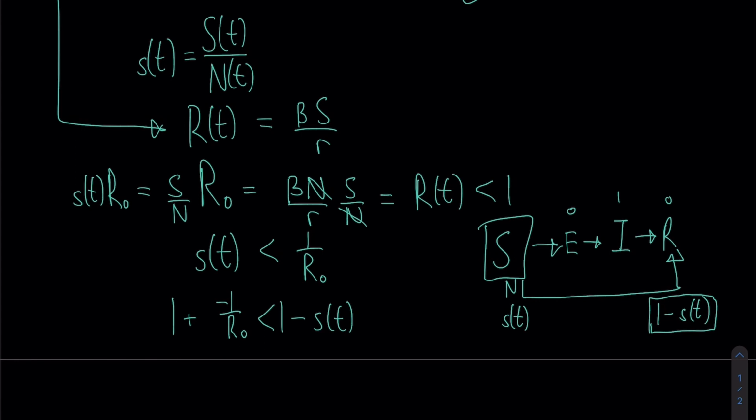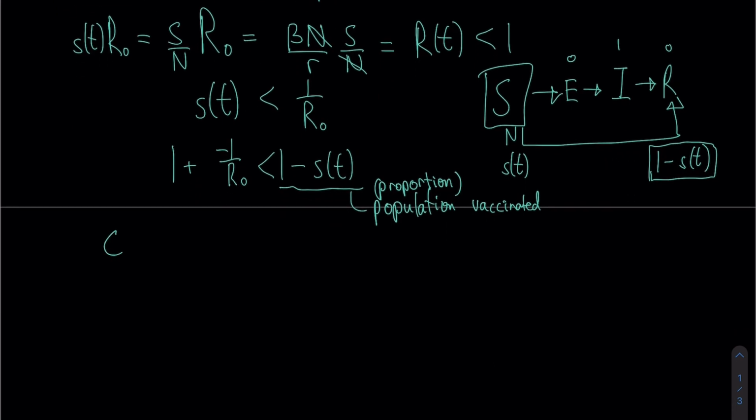And there we go. This is the population vaccinated, the proportion. The proportion of people vaccinated needs to be greater than 1 minus 1 over R0.